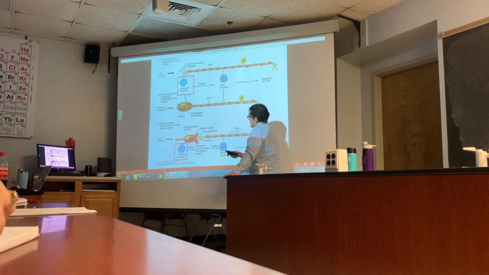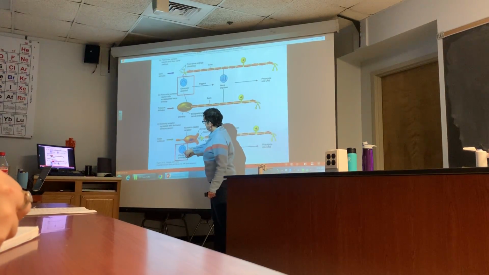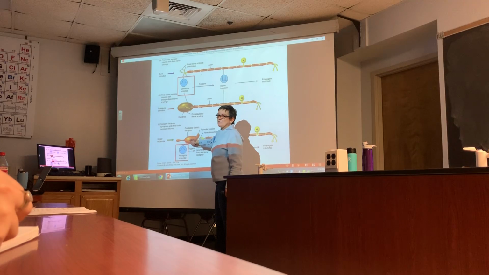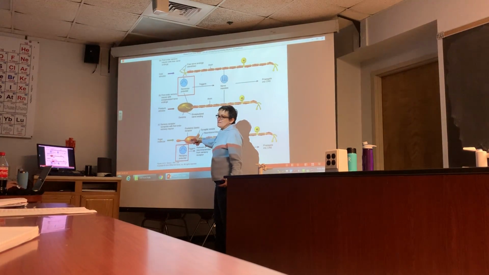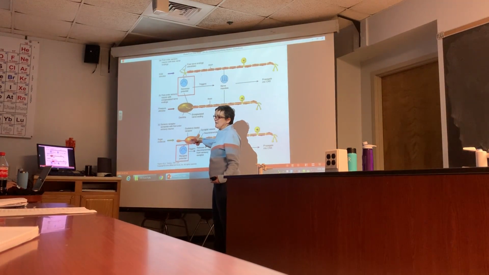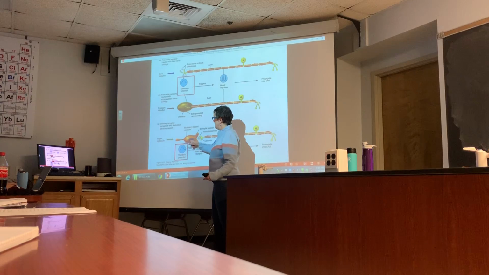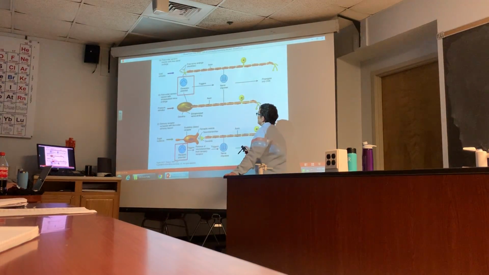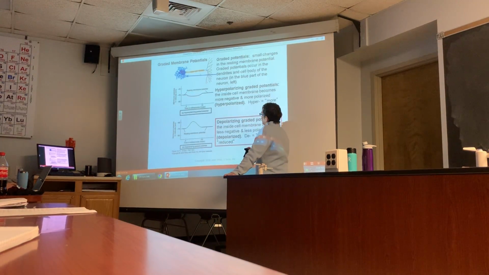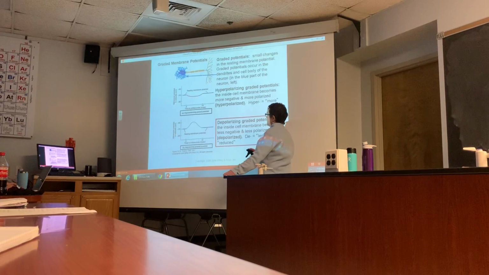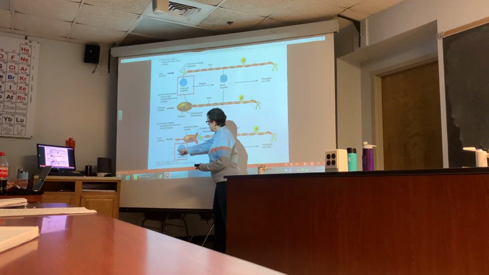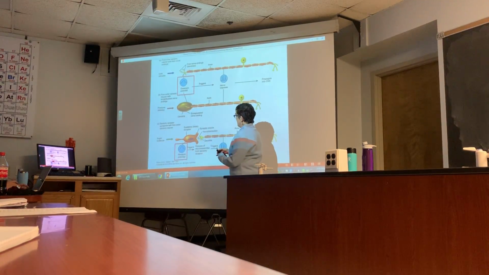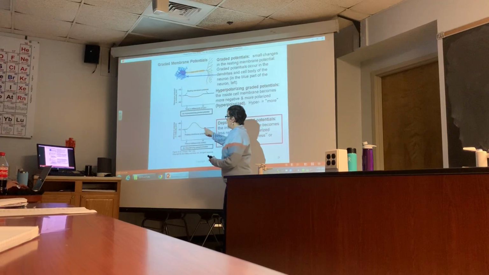The receptor potential, you get that in response to stimulating a receptor cell. So it's a potential that develops in the receptor cell, so it's called a receptor potential. And both of these, like I said, are depolarizing graded potentials. If you look at the wave, you can see it goes up. It's a depolarizing graded potential.